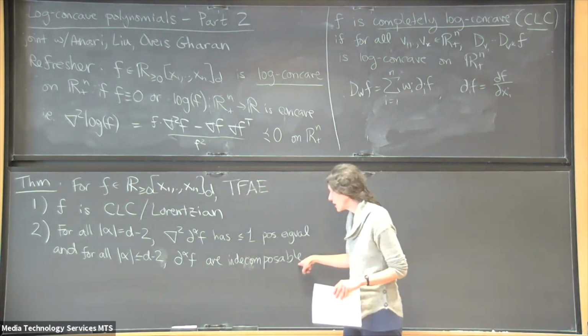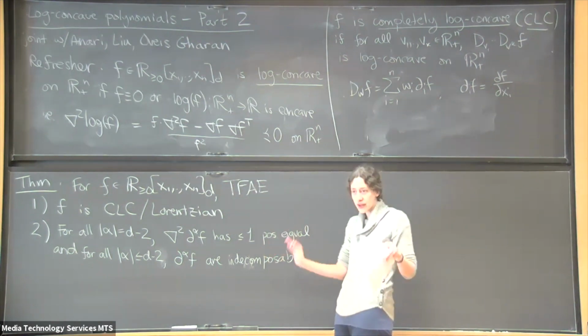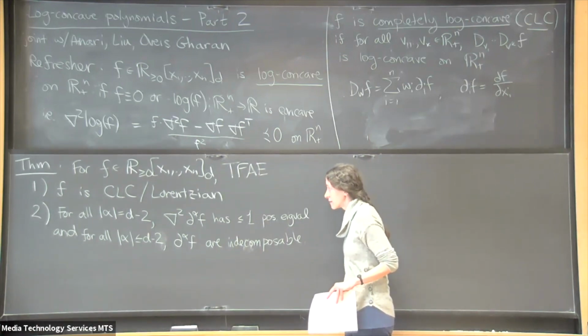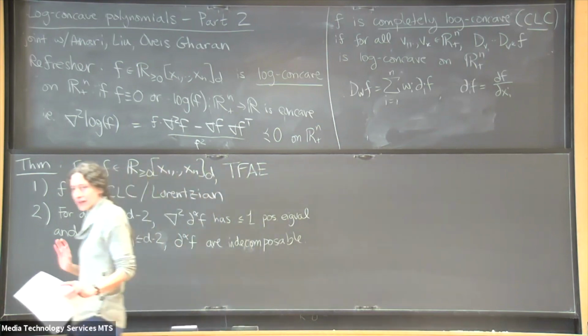And just as a reminder, this meant that I can't write it as the sum of two polynomials in disjoint sets of variables. That's including f, right? Including f, yeah. So if I take no derivatives, then I include f.